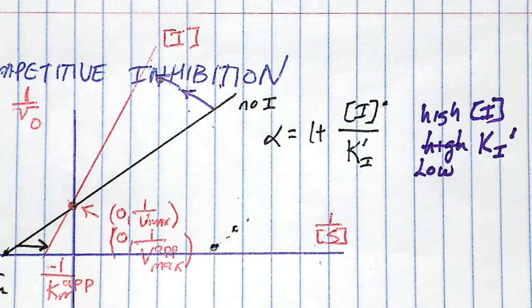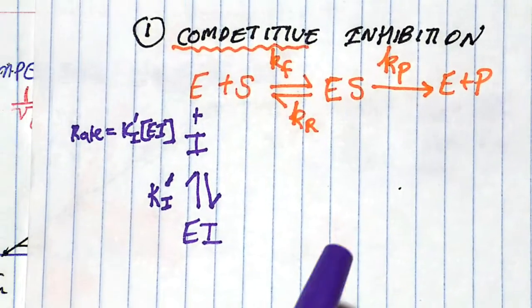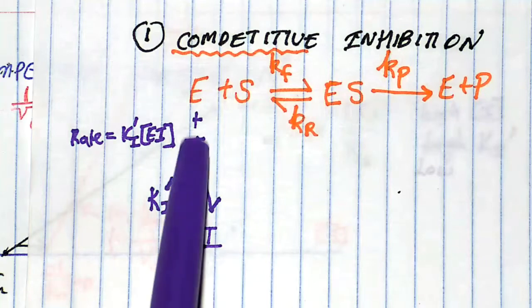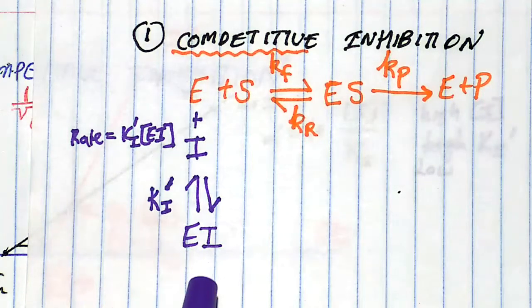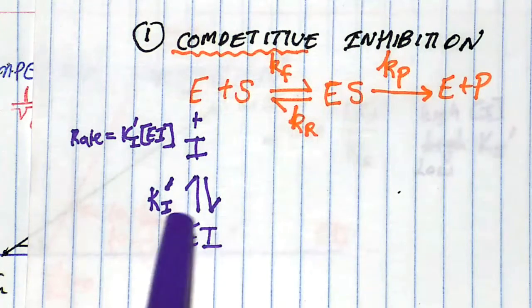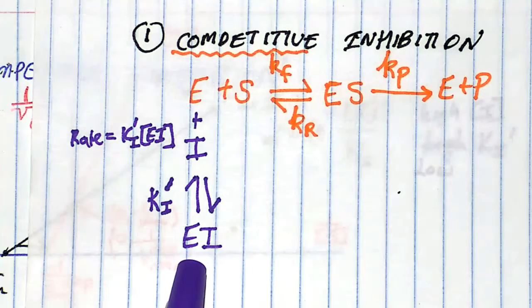A low dissociation constant value will tell you that EI tends to stay at EI. If you have a high dissociation constant, EI will tend to dissociate to free I and free E. A low dissociation constant means that this will not dissociate, it will stay at EI, and whatever EI you generate in this equilibrium will remain at EI.